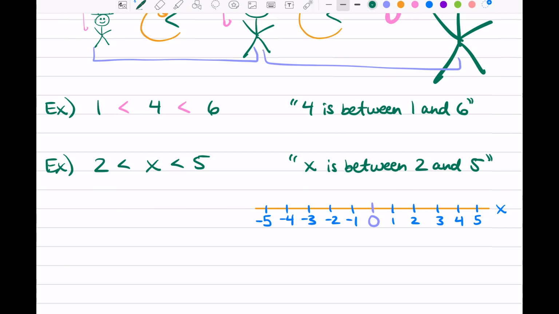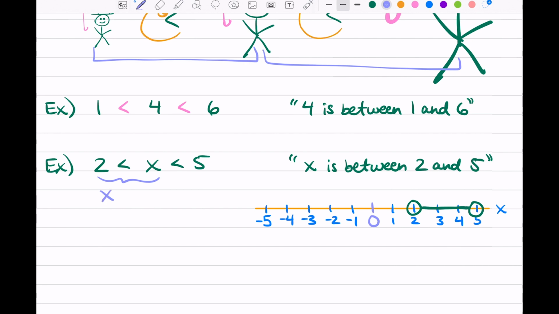So we're saying that x is between 2 and 5. How do we represent that? Well, it's not equal to 2. It's not equal to 5. It's somewhere in between. So as a detective, you know that x is somewhere between 2 and 5. And I mentioned that we're looking at two inequalities combined. So we can read this as 2 is less than x.